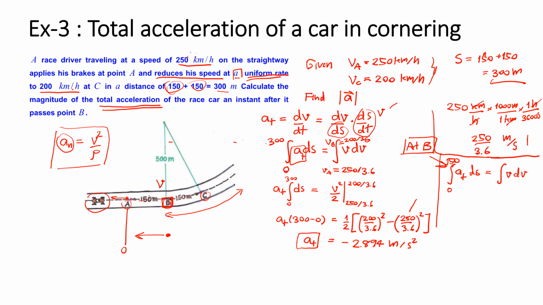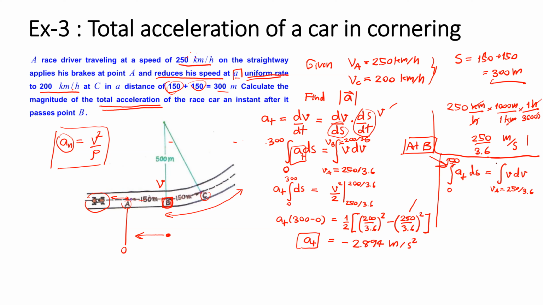And the speed that we don't know. We know that the initial speed at point A is 250 divided by 3.6.